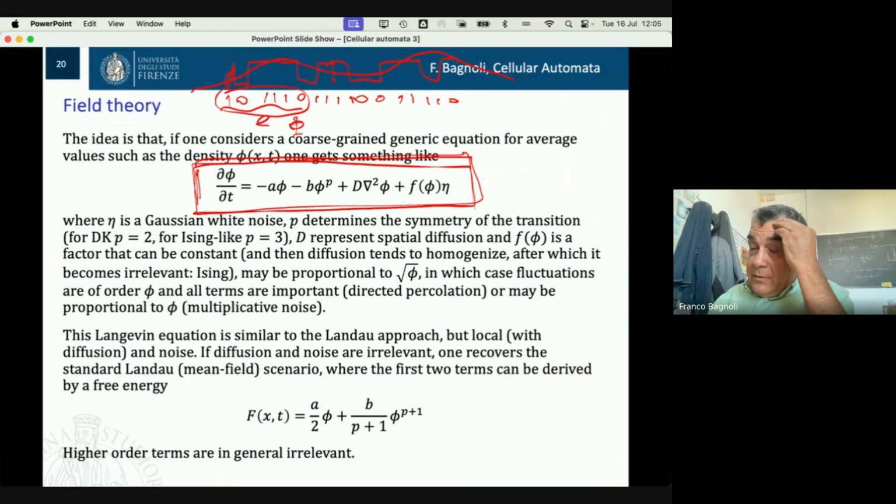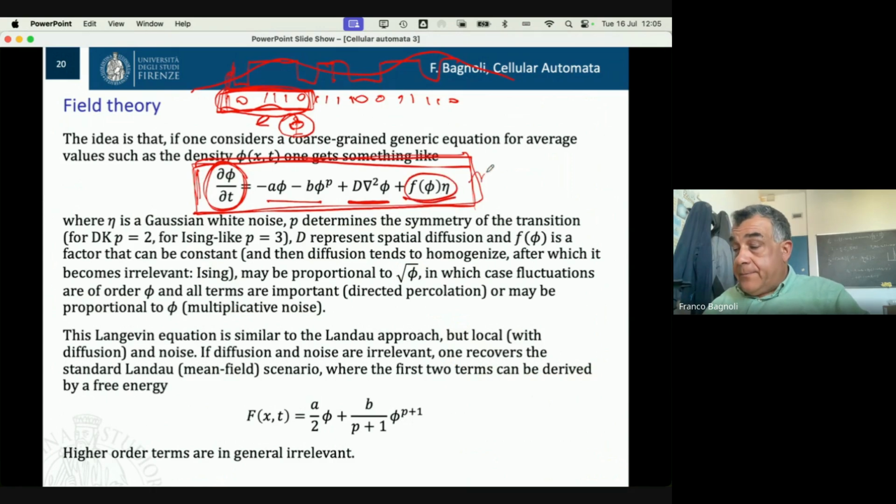And as usual in this kind of approach, you are trying to relate how this phi behaves in time with some local process and interactions with the rest of the system. Since you may have fluctuations also inside a given portion that you represent with a single number, you have to introduce also a noise in order to reproduce this fluctuation.